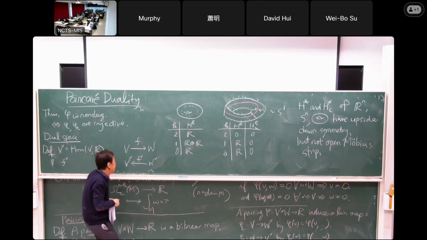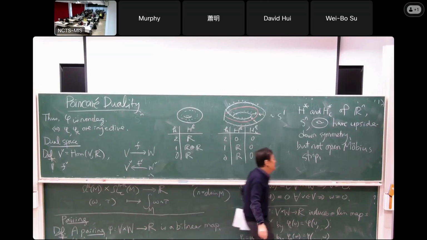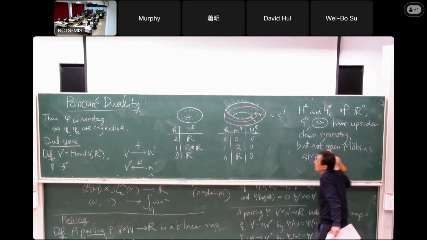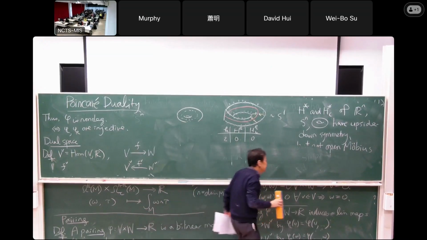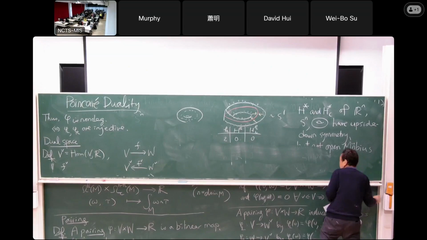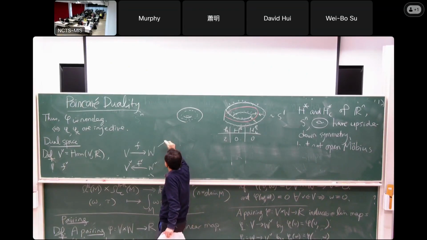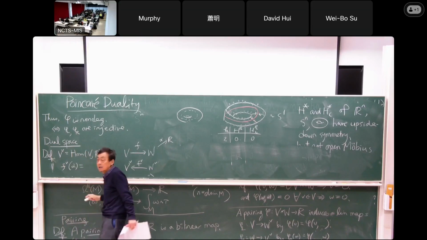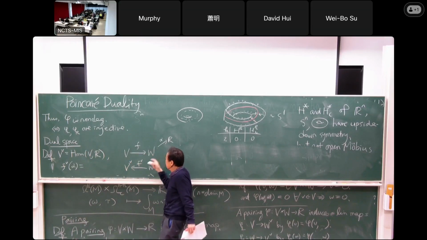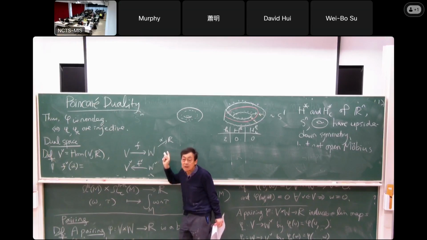What is that induced map? You have to take a linear map on W to a linear map on V. So suppose you have a linear map alpha on W. What is the dual of F applied to alpha?